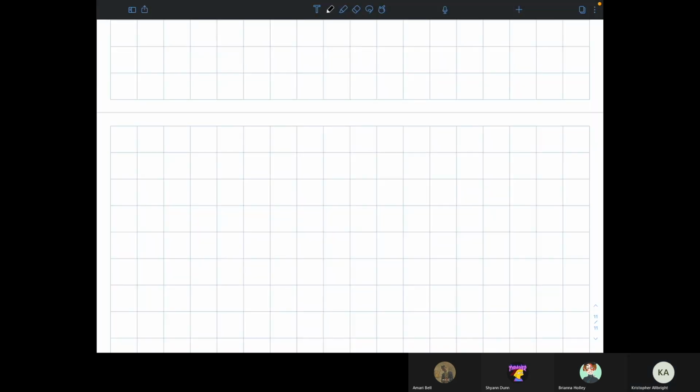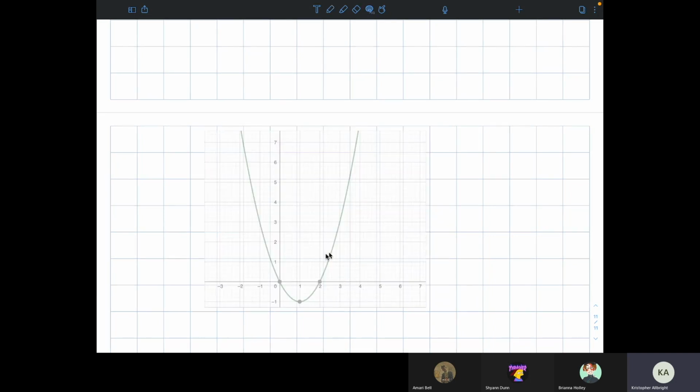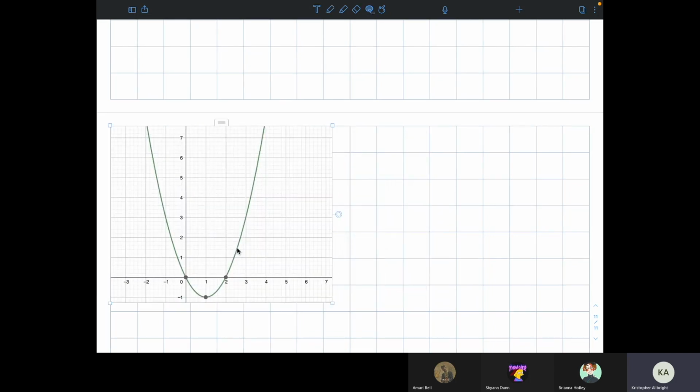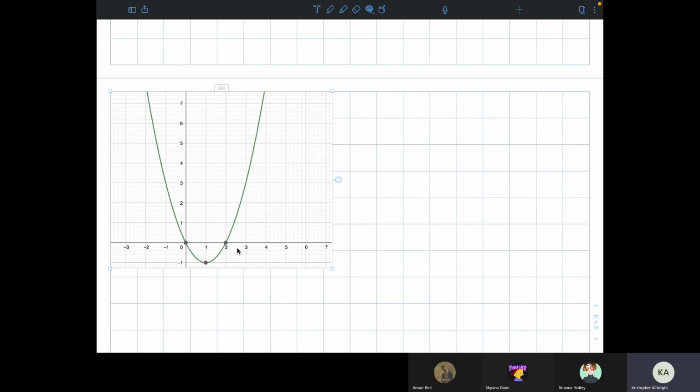And now I am taking my screenshot and bringing it down here. Okay, so this is what it looks like when we graph it. You can do this by hand if you want. I think it's easier to just type it in the computer, but it is up to you. So now we're looking for some information. This is definitely a quadratic function because it's not a line.